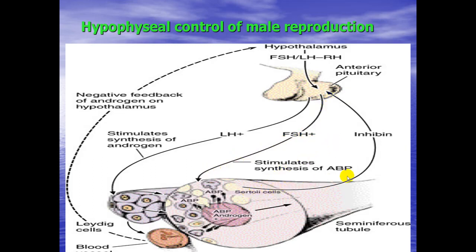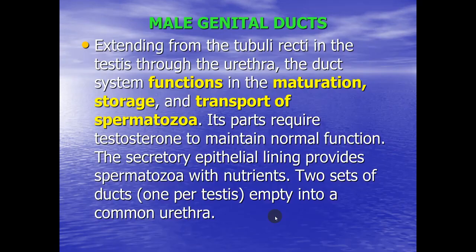That's why the Sertoli cell decreases the production of follicular stimulating hormone, which is not fruitful for the male reproductive system. This hormone is very important for the female reproductive system, and in the next lecture we will talk about this. But in the male reproductive system, follicular stimulating hormone is deactivated by the hormone inhibin produced by the Sertoli cells.